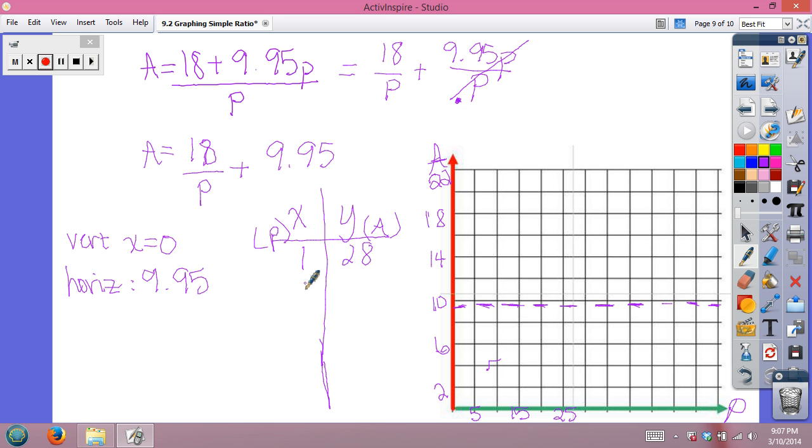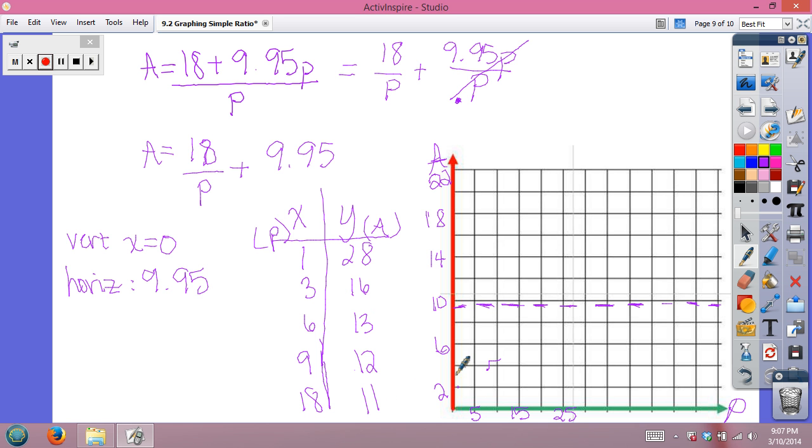Again, let's pick 3 because we know we can divide 18 by 3, 6, 9, and 18. If we plug those numbers in, we'll get close to 16, close to 13, close to 12, and close to 11.